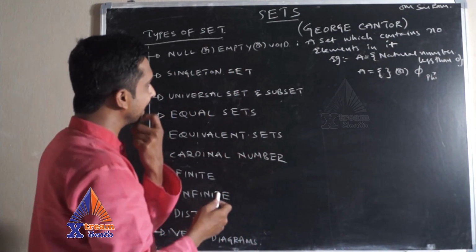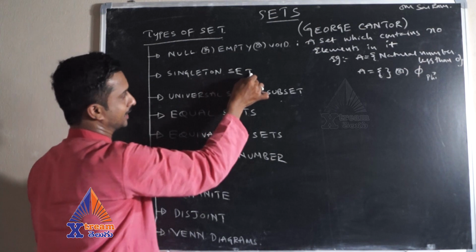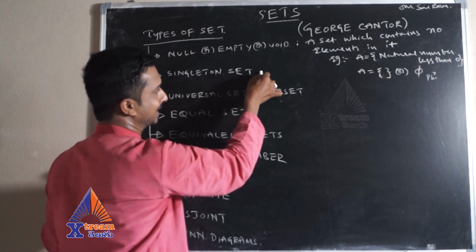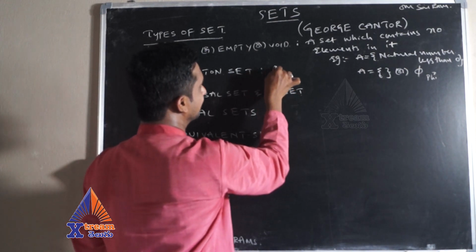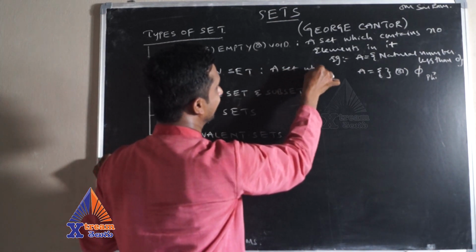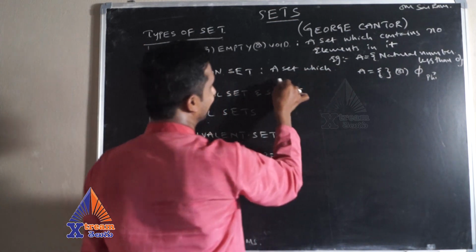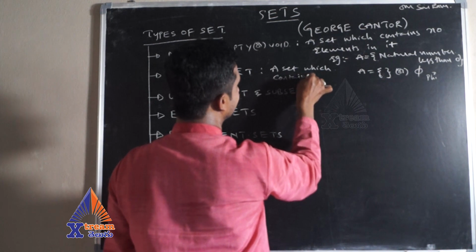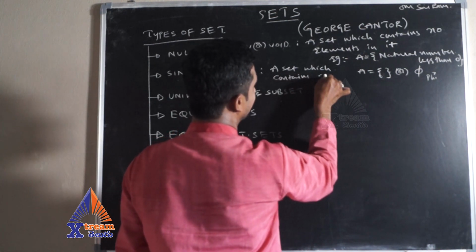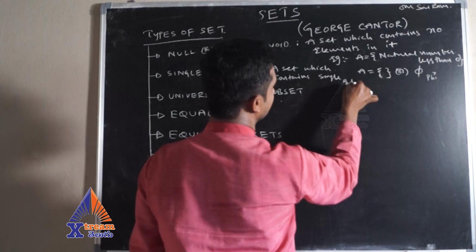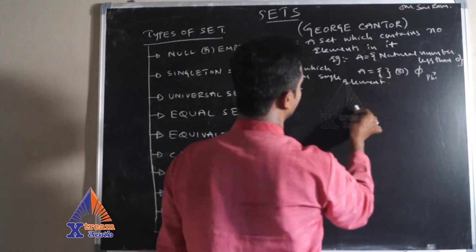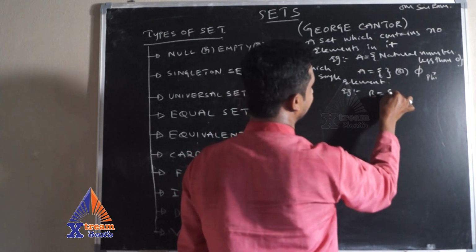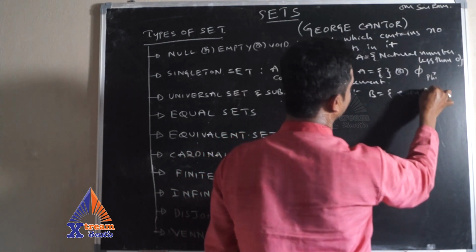Next, coming to singleton set. The name itself says it contains a single element. So a set which contains a single element. Let me take an example: even prime number.